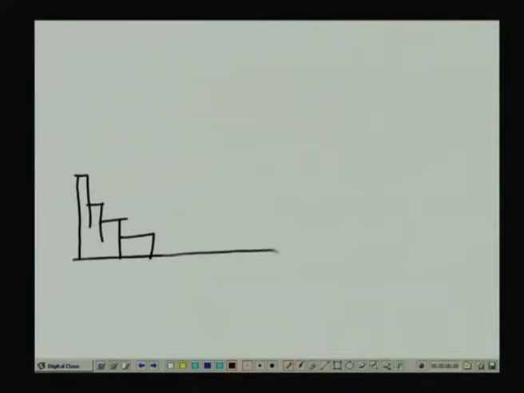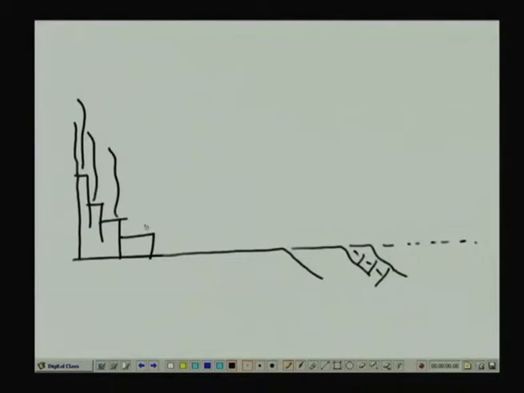You can see this, if you just make a diagram on this, this is where the emission is taking place. Say this is where the emissions are taking place. This is basically of power plants.